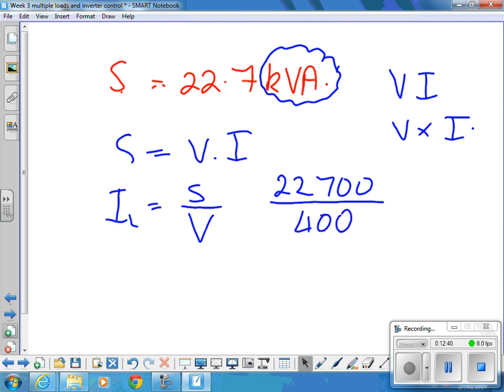You must remember that now we've got two different units. They've both got to be in the same multiple. Volts and VA here. So unless we convert this to kilovolts, what will that come out as? 56.75 amps.